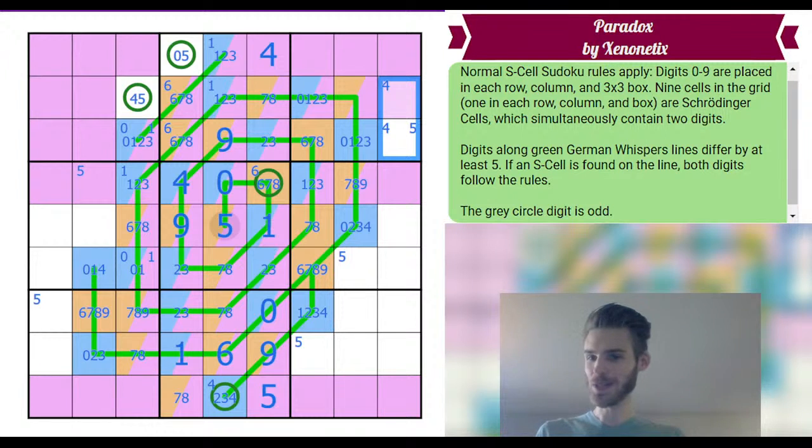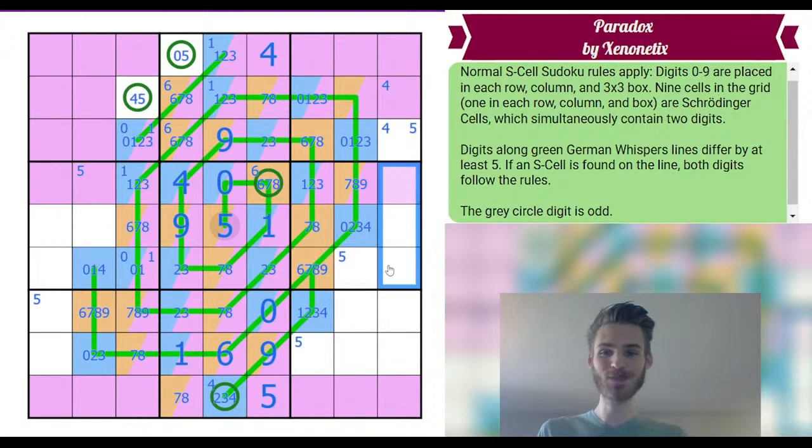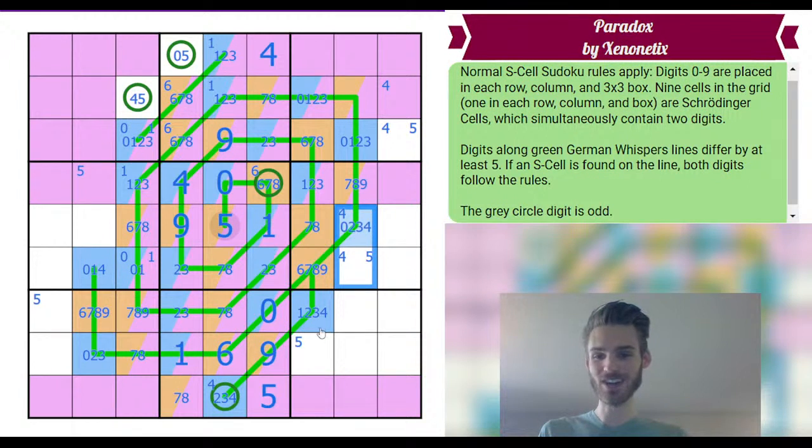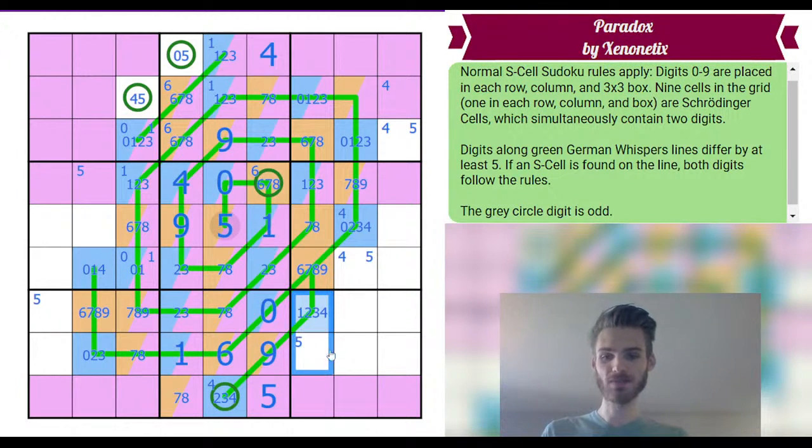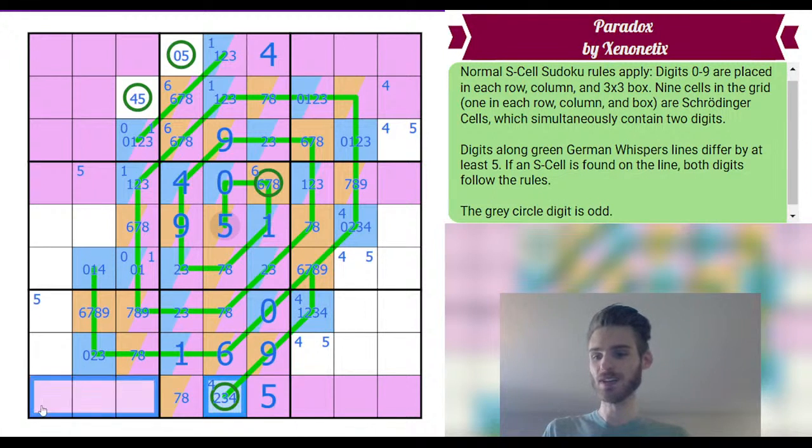Let's look at 4s. I think 4s might be productive. There's definitely a 4 in here. So there's definitely a 4 in one of these 2 cells. Oh, I just did something dumb. Okay. Same thing is sort of true over here. So, oh, this 4. This is a 4.